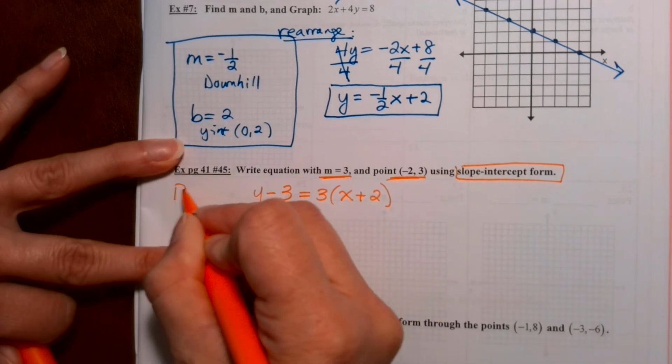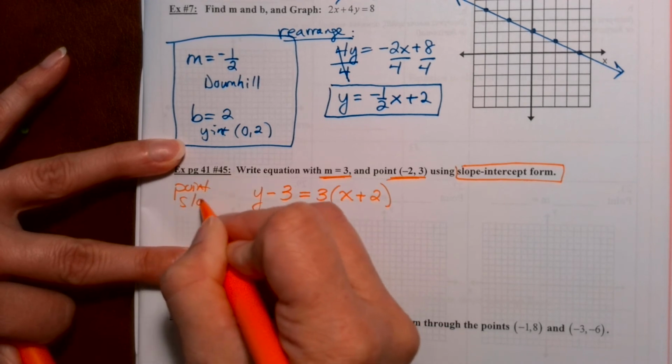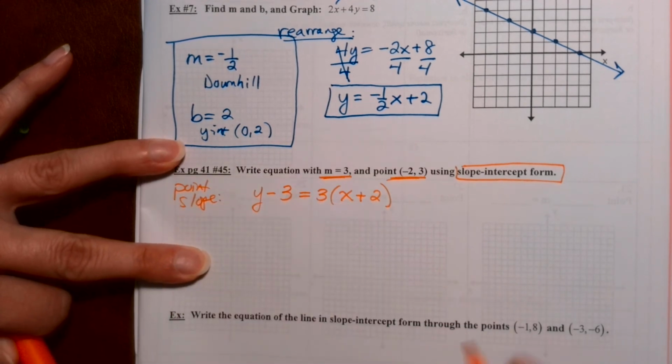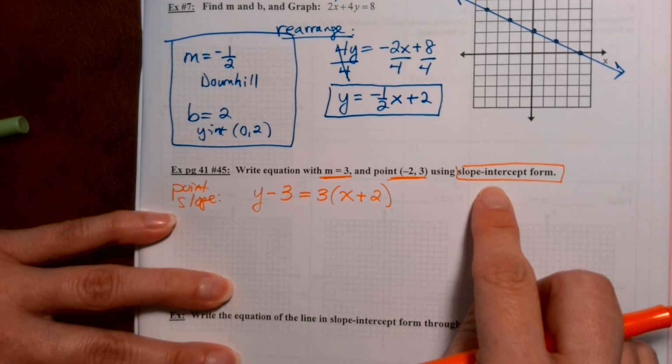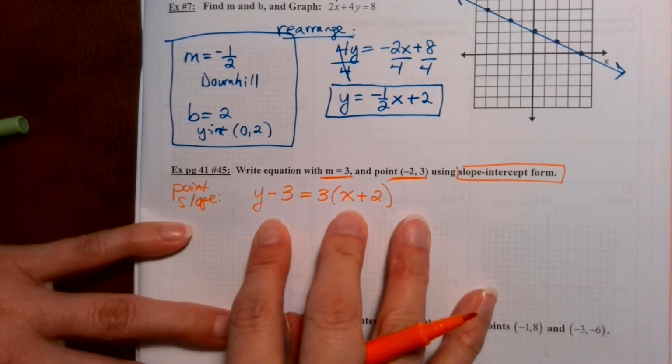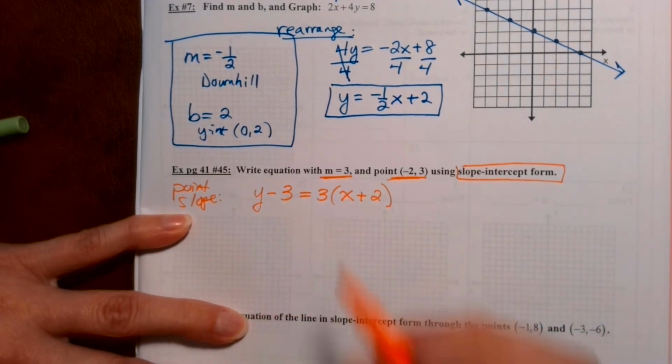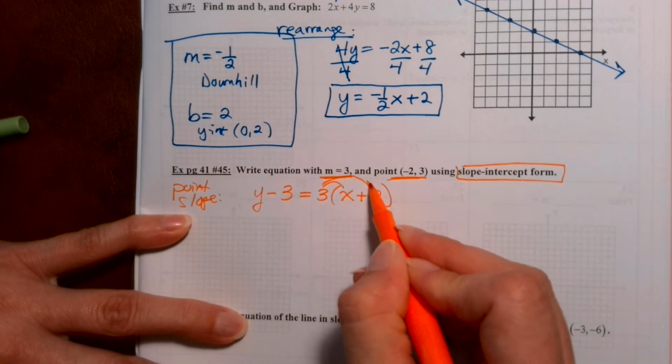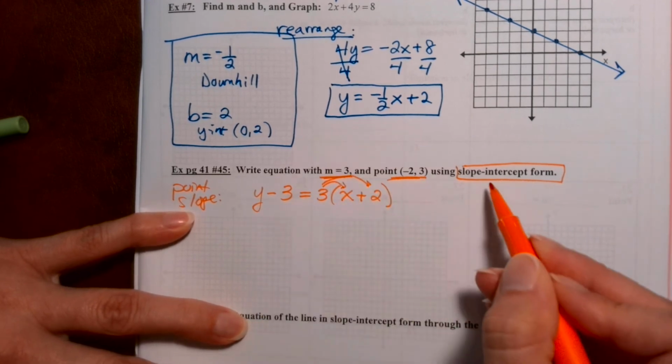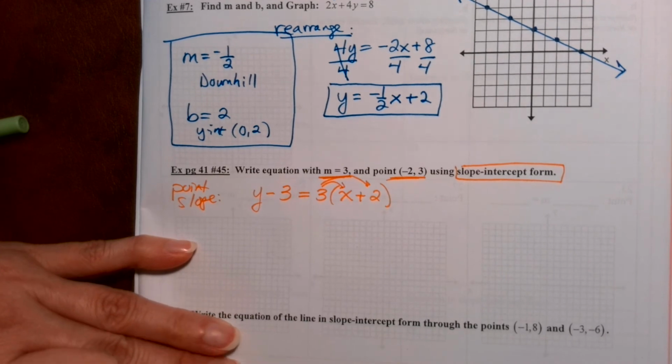So this is point-slope form. But it didn't say point-slope form, but this is a really nice way to start. All I have to do is distribute the 3, do a little bit of rearranging, and I'll put it into slope-intercept form.